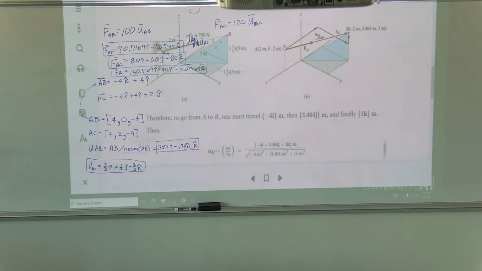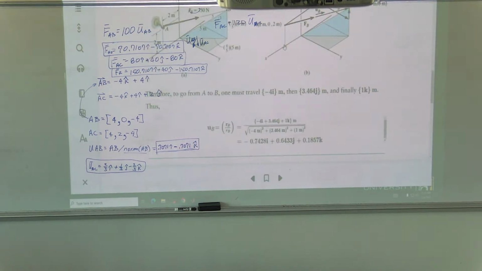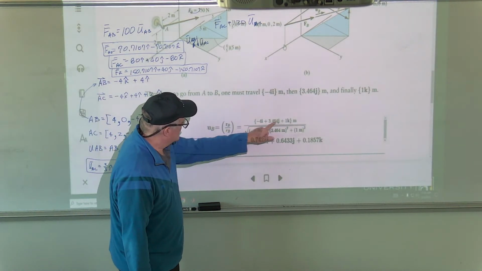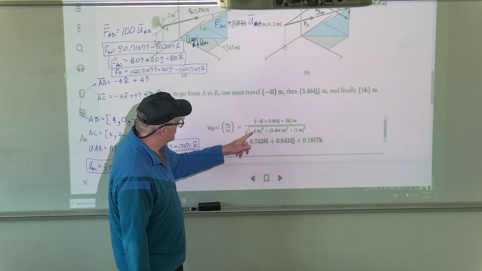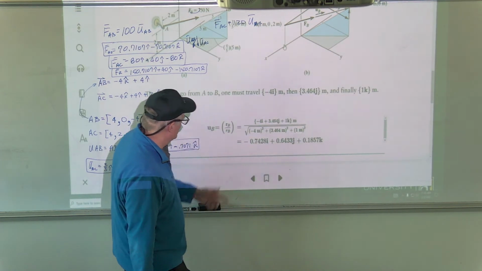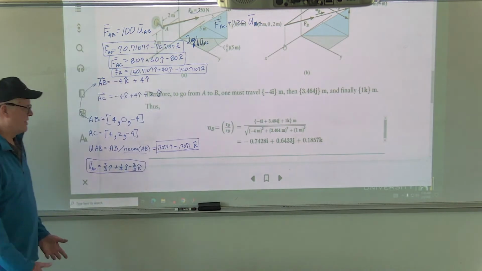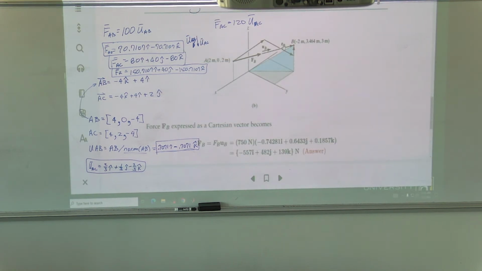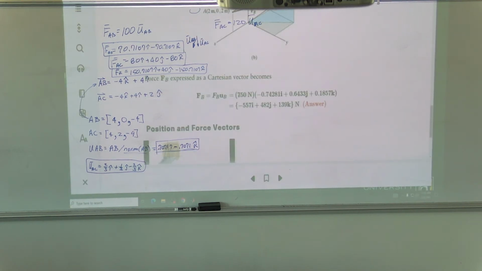Okay, from A. Okay, here you go. Vector goes from A to B is this one. He turns it into the unit vector. Now you can multiply times whatever the tension of the cable is. And his tension's 750.